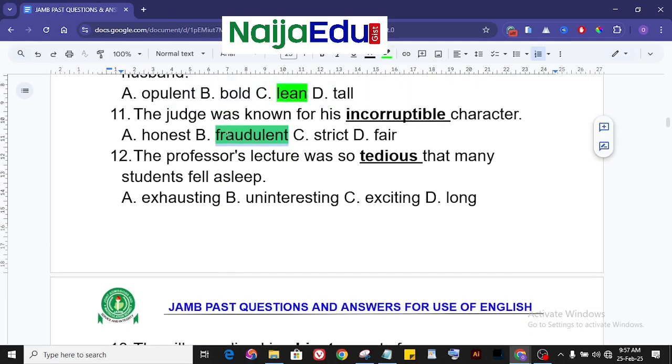The next question says, the professor's lecture was so tedious that many students fell asleep. We need to firstly look for the meaning of tedious. Tedious in this sentence means when something is tiresome or very boring.